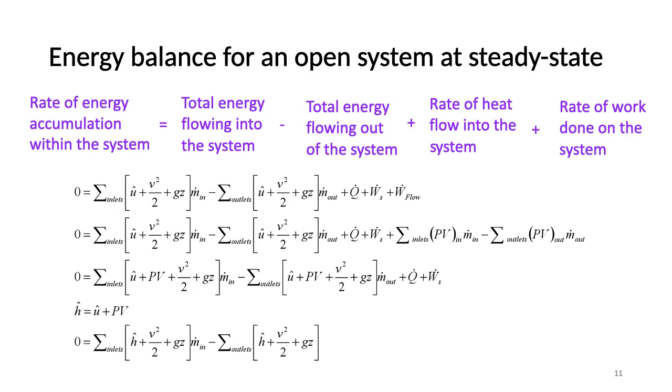Further, in this type of system, expansion-contraction work is not involved because usually the steady state balance is applied to rigid mechanical equipment which does not change the size of the system. Next, insert the flow work formula into the equation and rearrange it to obtain the enthalpy, which is equal to U plus PV. And you will get the final equation for energy balance for an open system at steady state.